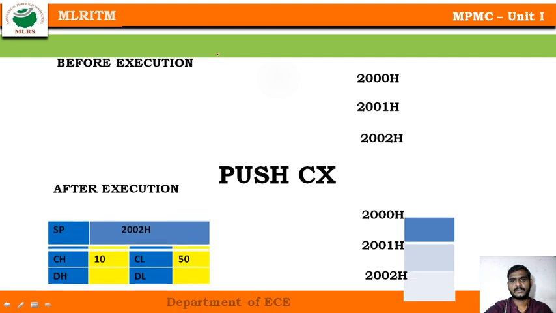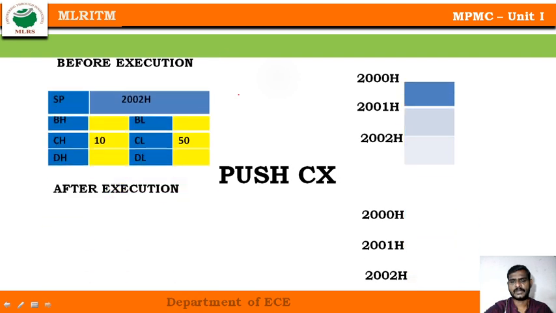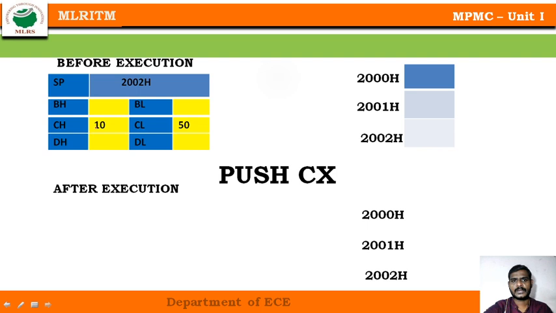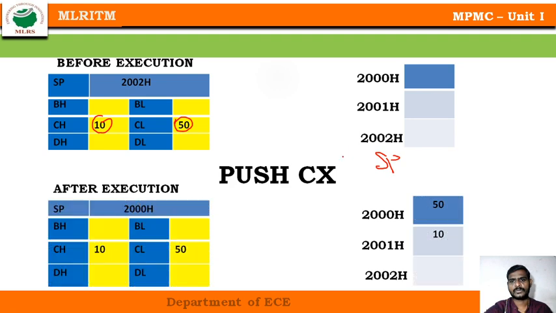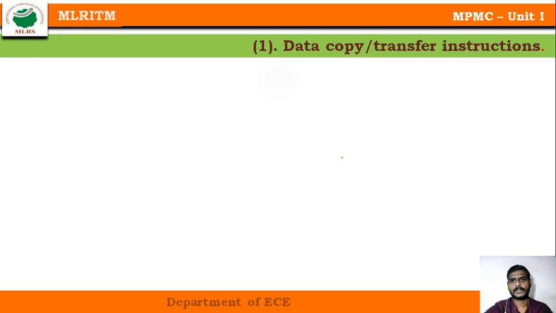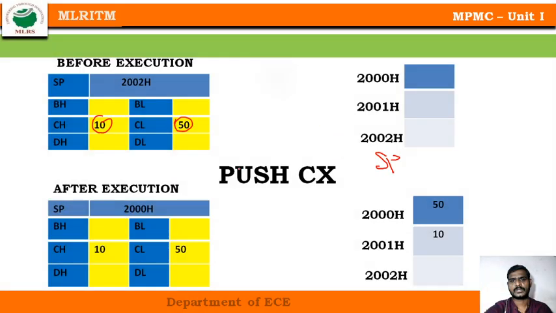If I execute PUSH CX, where CH is 10 and CL is 50, this data is pushed onto the stack. This is my stack pointer's memory location. On executing, the lower content CL is pushed into 2000, and it is incremented by 1 and given to the 2001 location.